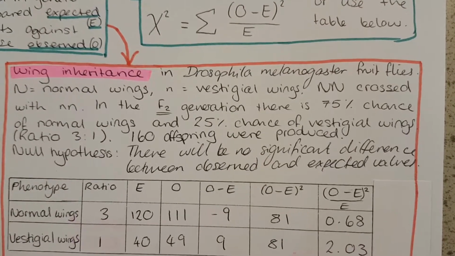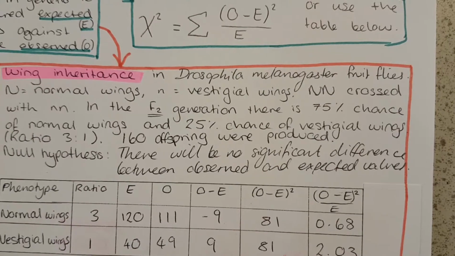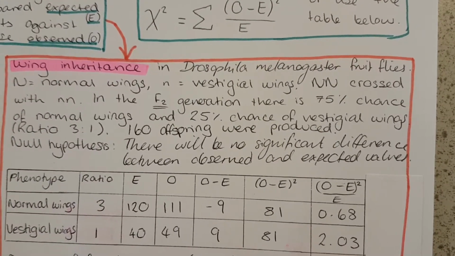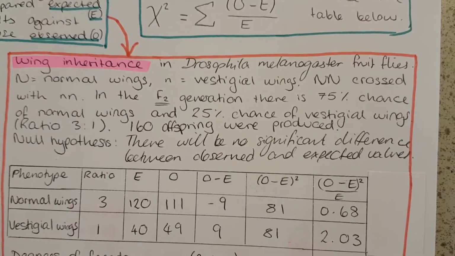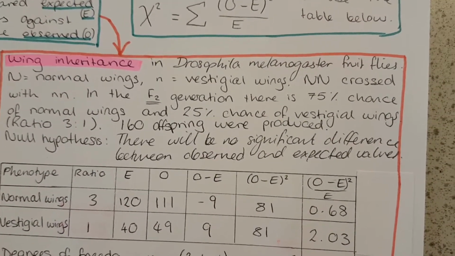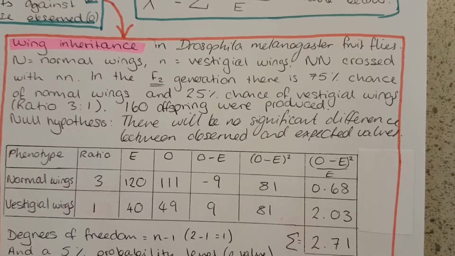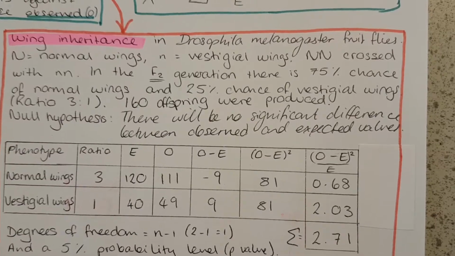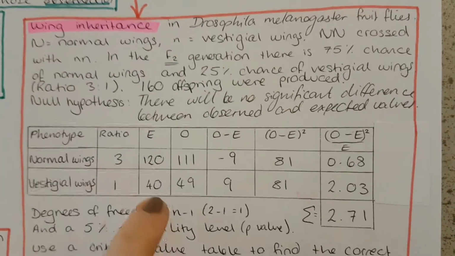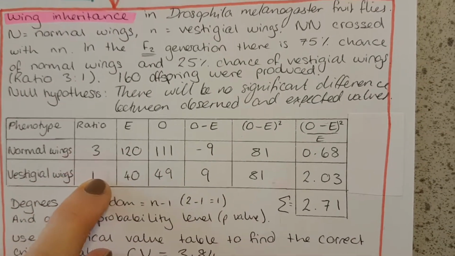So here's my example, the stem of this question. In Drosophila melanogaster fruit flies, big N is normal wings and little n is vestigial wings. A big N is crossed with little n, and in the F2 generation, that's the second generation, there is a 75% chance of normal wings and 25% chance of vestigial wings, ratio 3:1.